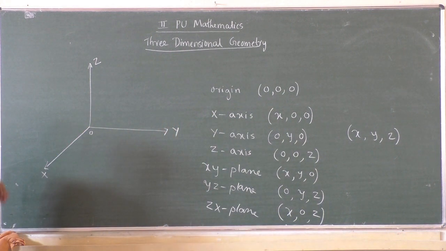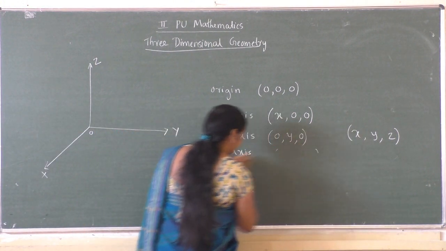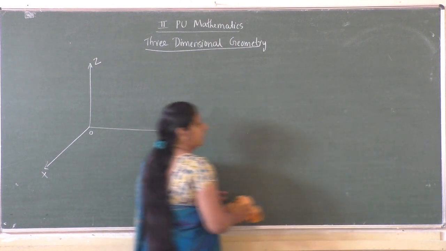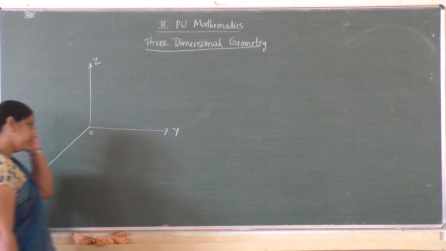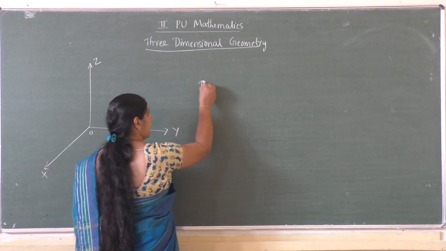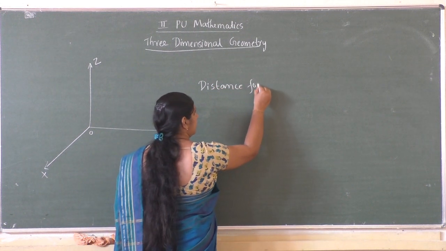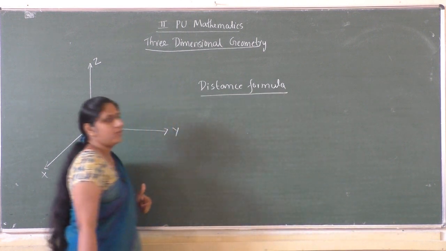So these things you studied in first year three-dimensional geometry, and also we studied about the 8 octants, right? And you studied the distance formula. So what is the distance formula?